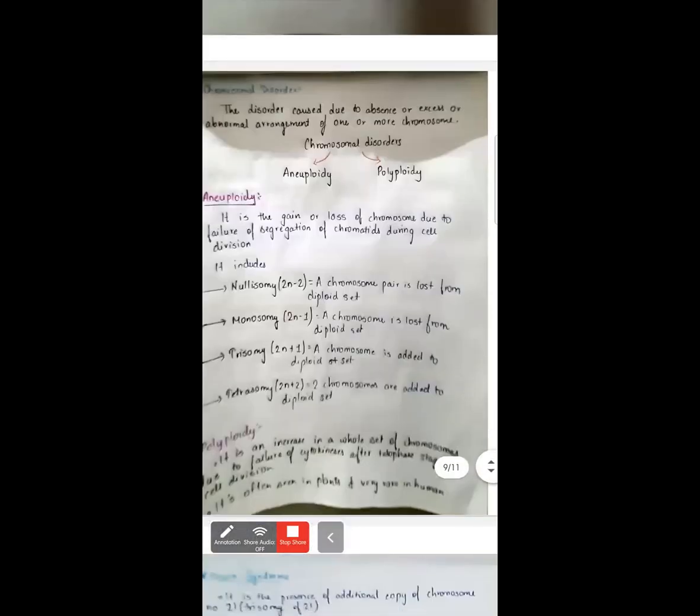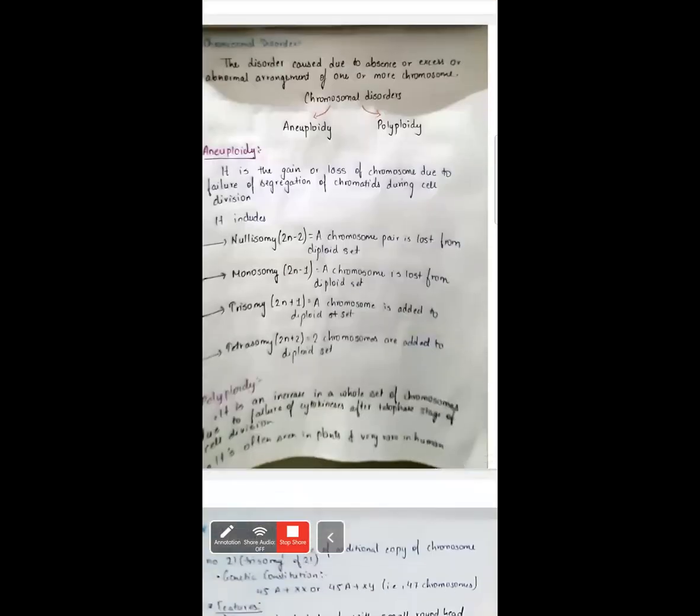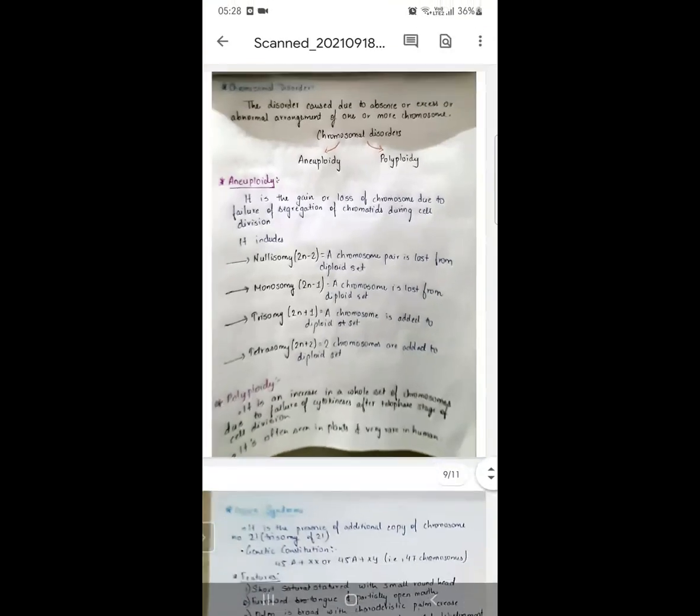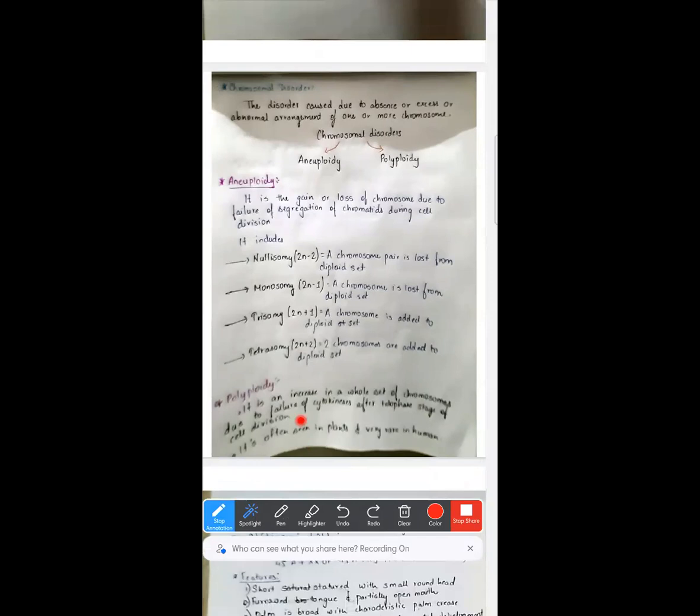Now we'll go to chromosomal disorders. What is a chromosomal disorder? The disorder is caused due to absence, excess, or abnormal arrangement of one or more chromosomes.